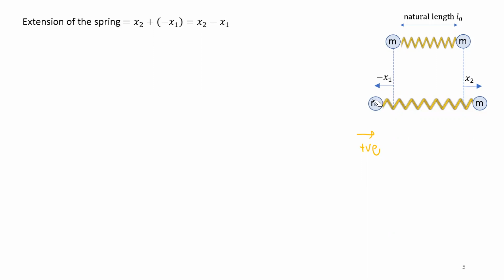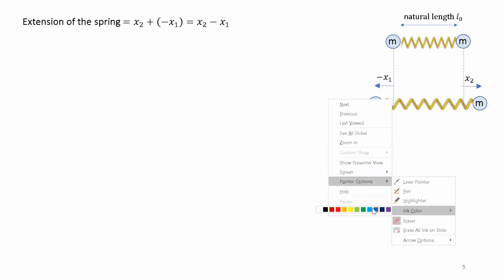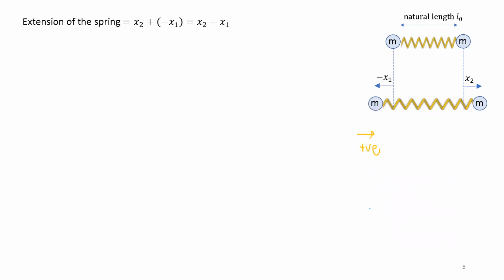However, if I'm just asking for the distance between this mass and the equilibrium position, then I will call this minus x1, not x1, because x1 itself is negative. So minus x1 is a positive number. This distance here is minus x1. So be careful.